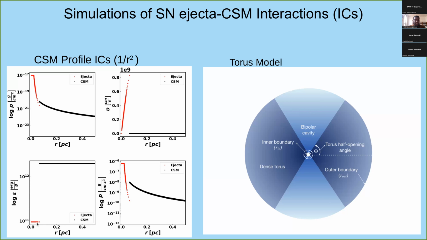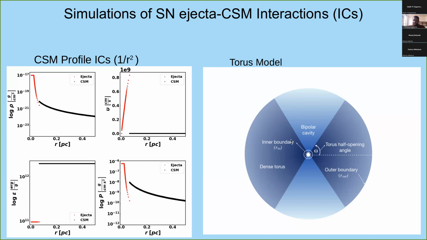But then as soon as it starts moving with the injection of kinetic energy, you will have an ejecta that is moving at a really high expansion rate. And then the pressure will follow the density initial condition setup.